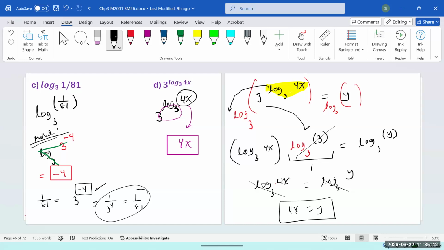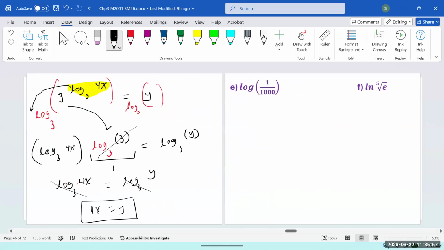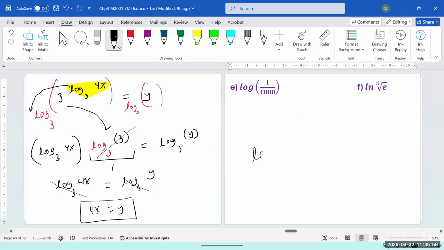Or change things, and then you have to know steps. You don't have to know these steps. Imagine it was 3 to the log base 4 of 4x, then you would have to know these things. Imagine the base was 3 and the power was log 4, not log 3.